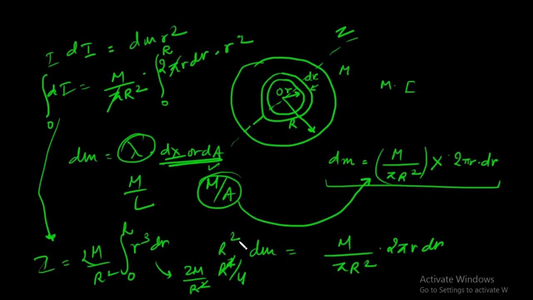R square gets cancelled, and 2 and 4 get cancelled out, so we have m r square by 2. This is the answer.